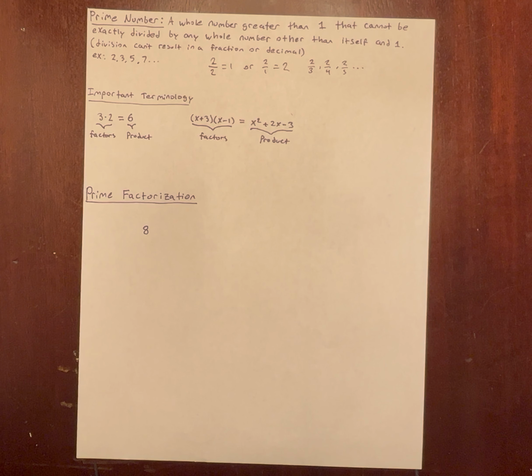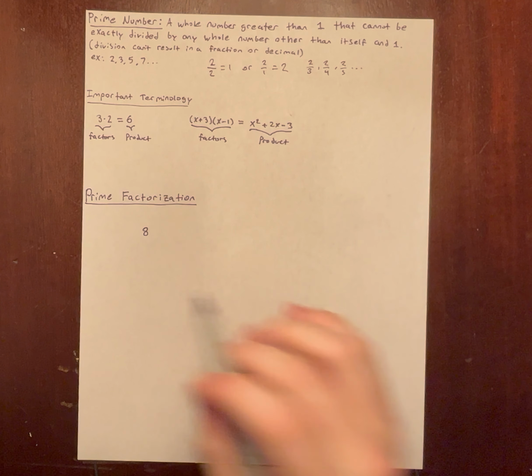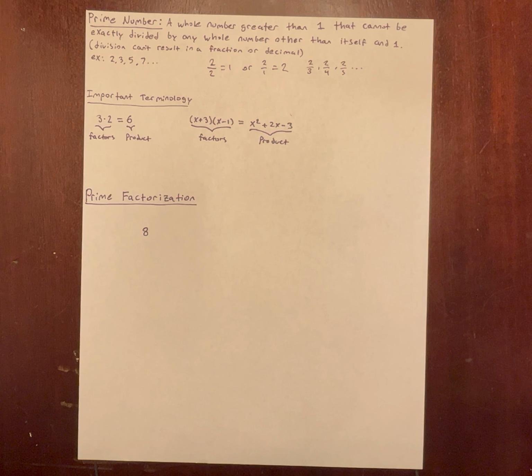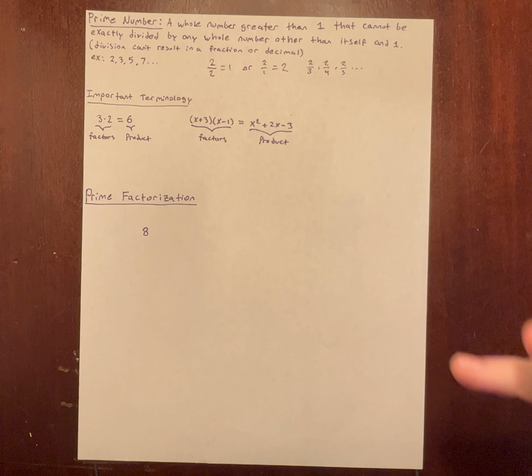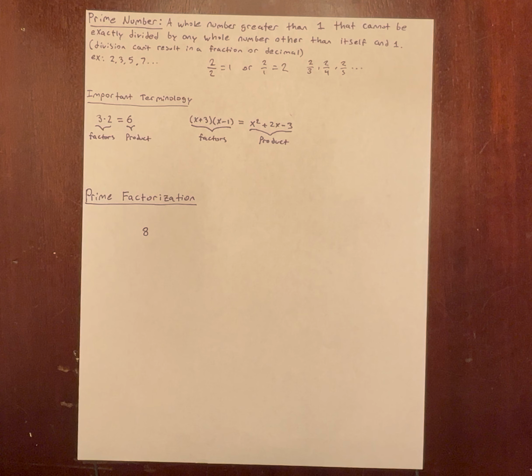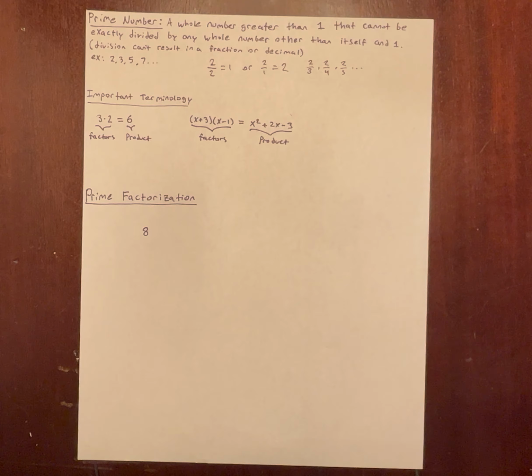And so with those out of the way, we're going to talk about prime factorization, which is one of the key concepts of this video. Prime factorization means that you're taking a number, any number, and you're factoring it until you have only prime numbers all multiplied together in a row. And so that's going to be a very important concept later on in some of our sections. So we're going to start with 8 in this example.